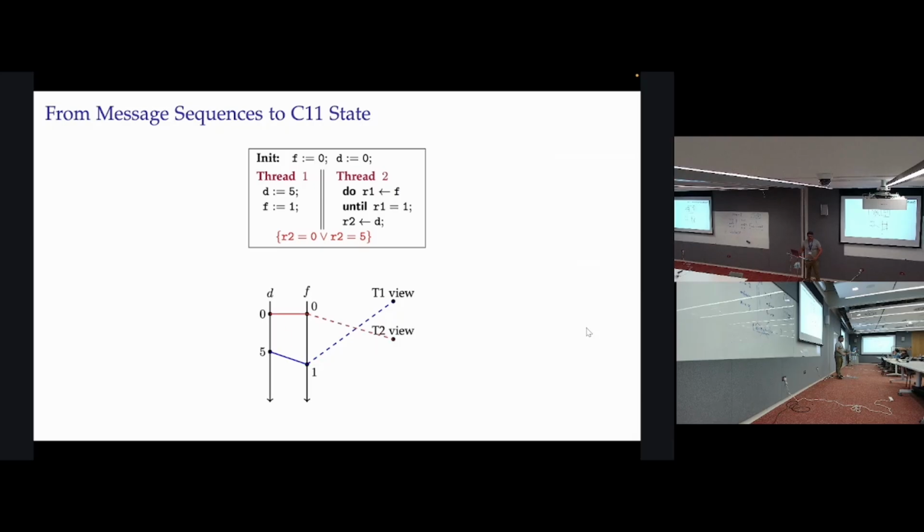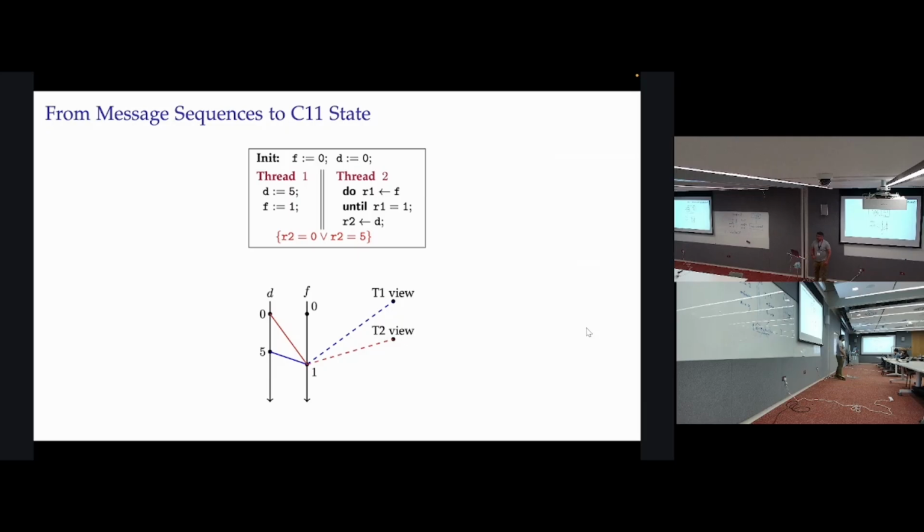Because it's non-deterministic, we're allowed to pick whichever read, but let's look at an execution where this loop terminates. When does it terminate? Maybe I can ask you this. When does it terminate? Yes? When the T2 view updates. Exactly, yeah. It terminates if thread 2 reads F as 1, which means that its view must have been shifted along.